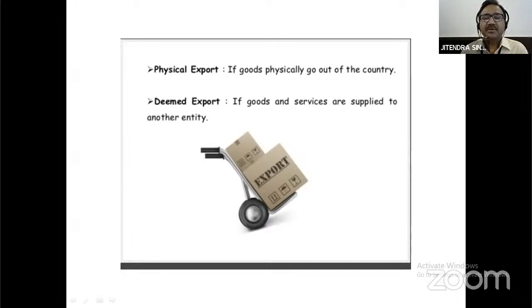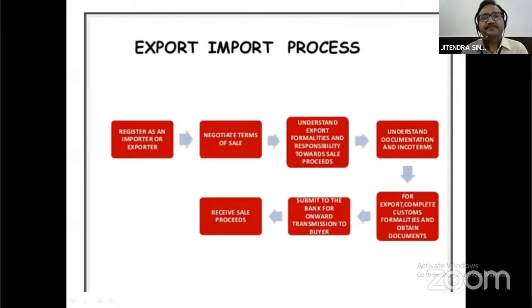Deemed export means when we deliver the goods or consignment to another country like Bangladesh, and from Bangladesh, the Bangladeshi importer sends the consignment to the Middle East. It is a two-channel process. In the first process, we export the consignment to another country, and from there the importer transfers the goods and services to other parts of the world. That is called deemed export.